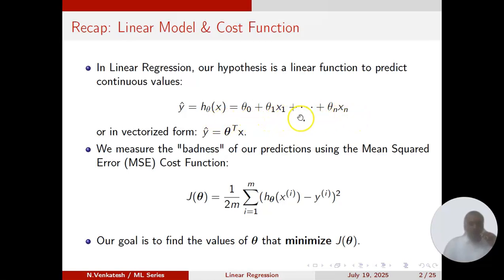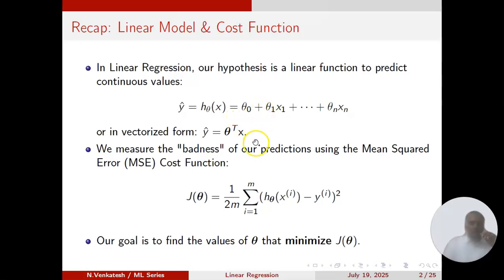Here x1, x2, and so on up to xn are the features and the target variable is y. There is a linear relationship, that's why we have theta naught plus theta 1 x1 plus theta 2 x2, and so on, theta n xn.